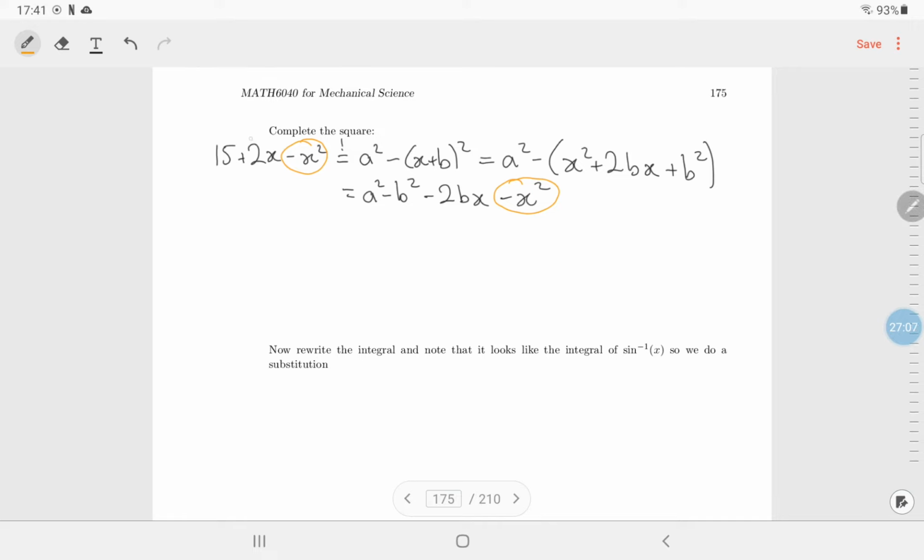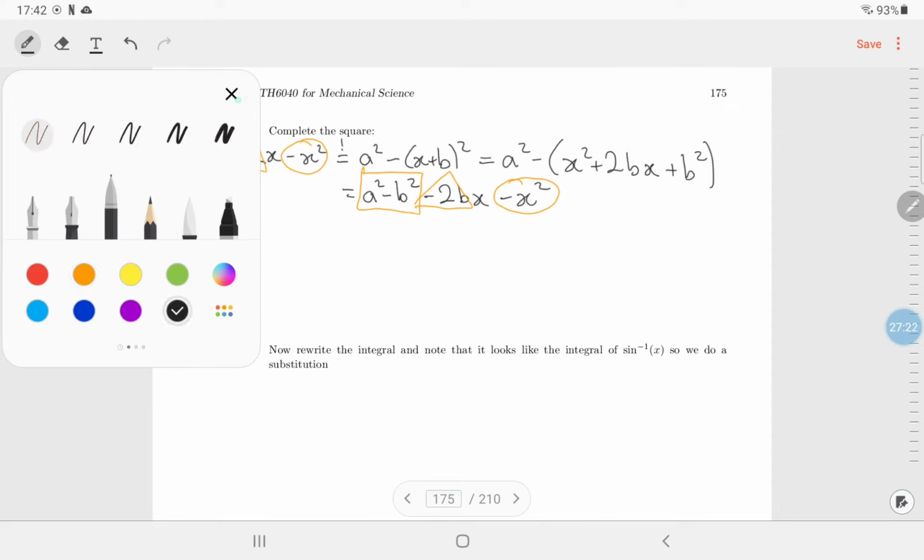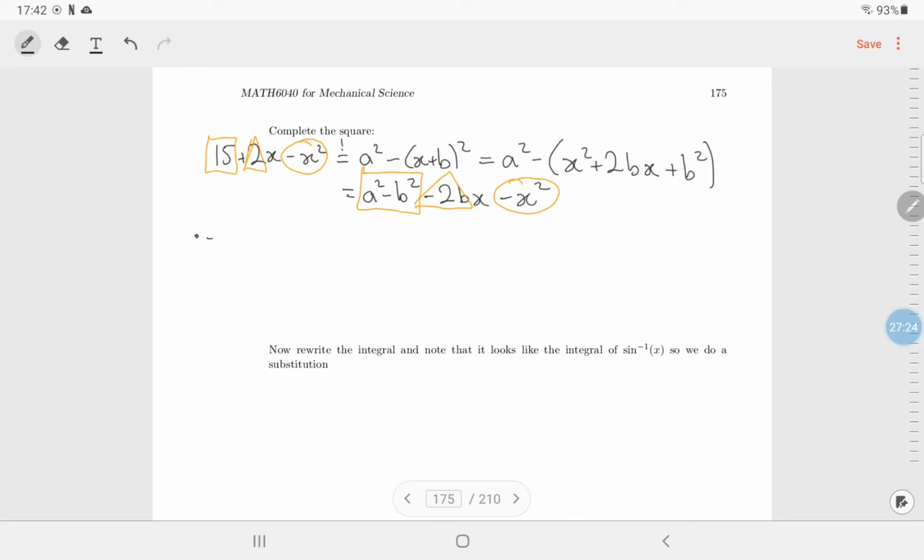Then the multiple of x is 2 and minus 2bx. And then finally the constant here is 15, and the constant here is a squared minus b squared. So first of all, we're going to say minus 2b, the multiple of x on the right hand side, must equal 2, the multiple of x on the left hand side.